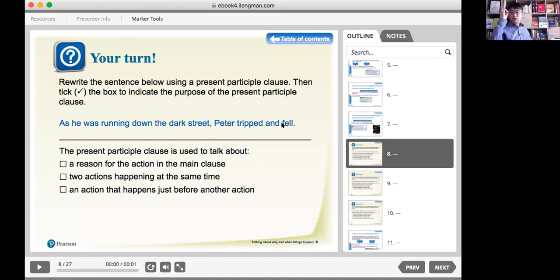Now, I give you some time. Please get a pen, get a paper, write down your own sentence. Try to form a new sentence using participle clauses. Okay, 10 seconds.